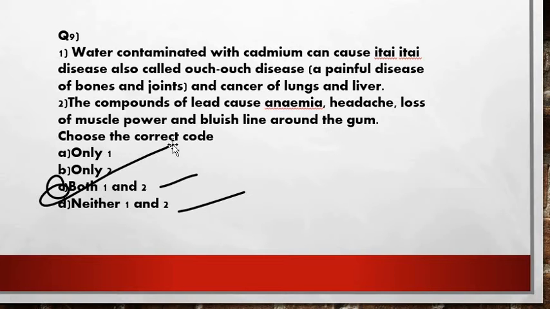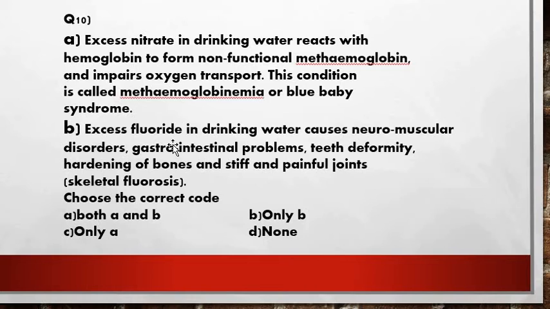Next we move further, the 10th question. Statement number 1 says excess nitrate in drinking water reacts with hemoglobin to form non-functional methemoglobin and impairs oxygen transport. In continuation, this condition is called methemoglobinemia or blue baby syndrome.